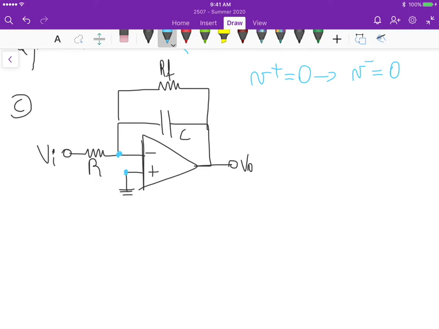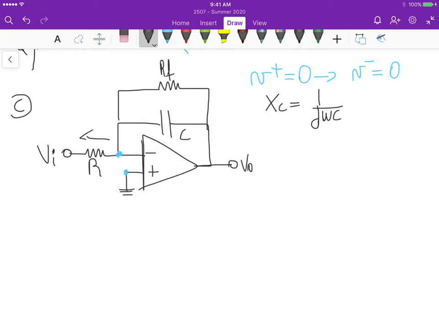And remember that we are going to perform an analysis in the frequency domain. So we have to convert this capacitance to a reactance, right? And this reactance XC becomes 1 over j omega C, right?